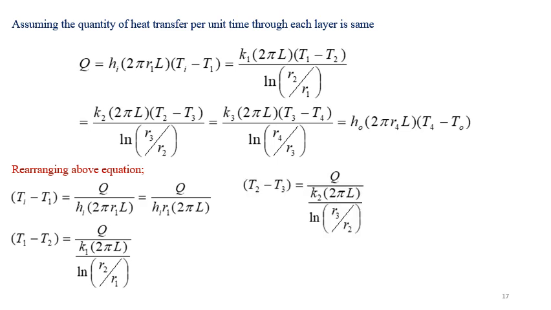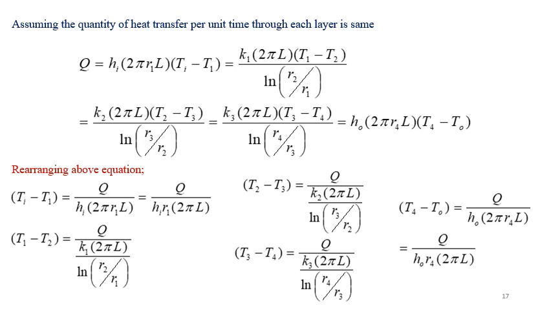Similarly, T2 minus T3 is equal to Q by K2 into 2 pi L into ln R3 by R2, and T3 minus T4 is equal to Q by K3 into 2 pi L, ln R4 by R3, and T4 minus T naught is equal to Q by h naught R4 into 2 pi L. These are the resistance values of the corresponding materials or corresponding sections.